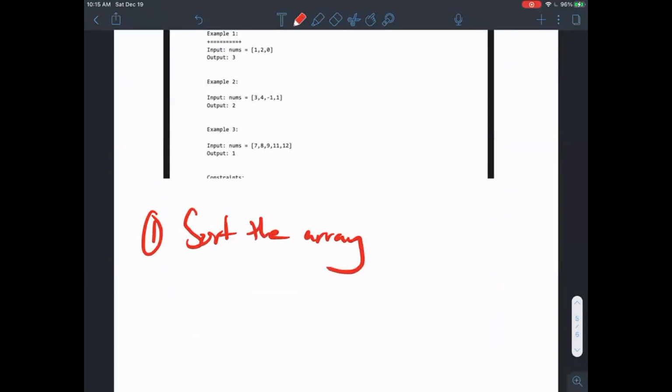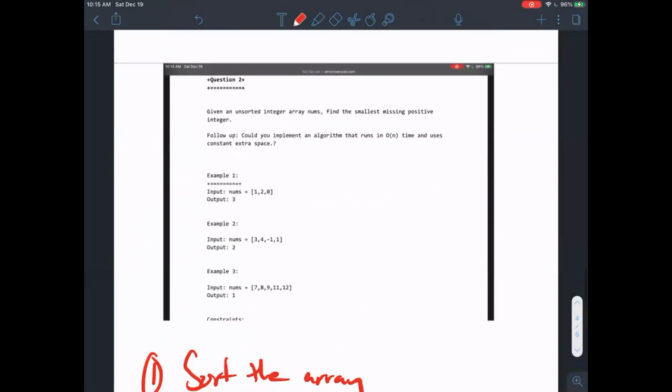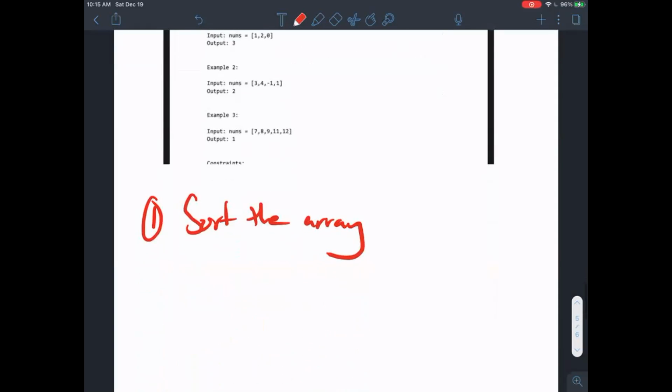And then when you sort the array, what will we do after that? After sorting the array, how do you find the smallest missing positive integer? Maybe someone is giving an answer. Maybe you iterate through the array and check if the value at the current index is less or equal to the value at the next index.